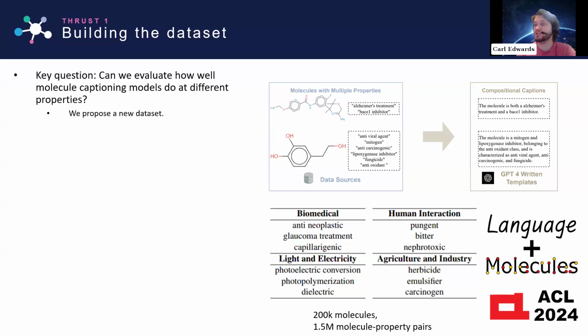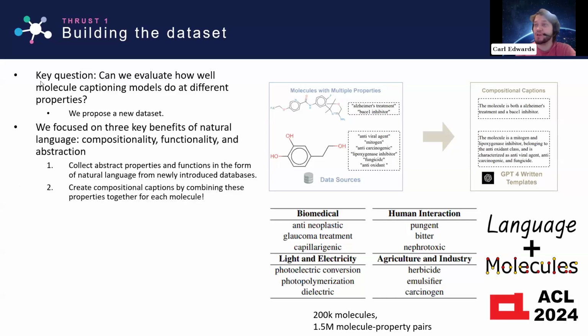The key question we asked here is, okay, how can we evaluate how well molecule captioning models do at different properties, right? In particular, we also wanted to focus on key reasons we actually want to use natural language. And so again, this is compositionality, functionality, and abstraction. To do this, we collected abstract properties and functions in the form of natural language, things like, okay, this is an antiviral agent.